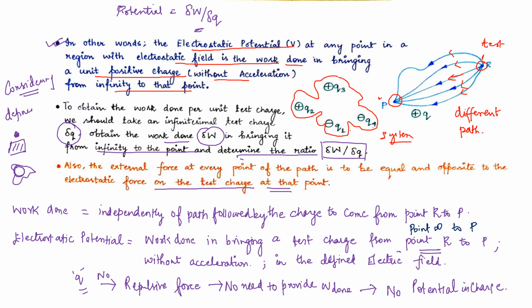What this aims at is that there will be some force in this direction, that is F due to the electric field produced by the capital Q charge, and when this charge is moving from R to P, there will be some external force which is helping our charge to move.